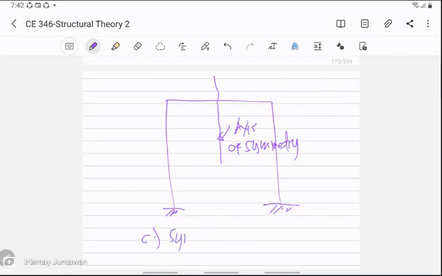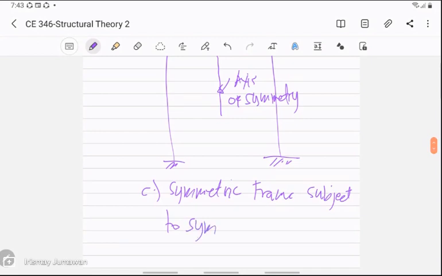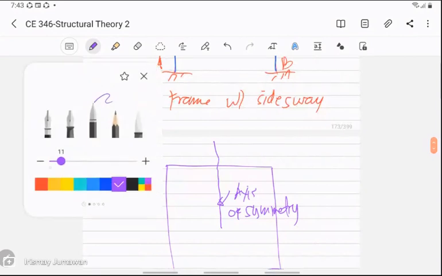So this will be a frame subject to symmetrical or symmetric loading. It means the loading is at the axis of symmetry.